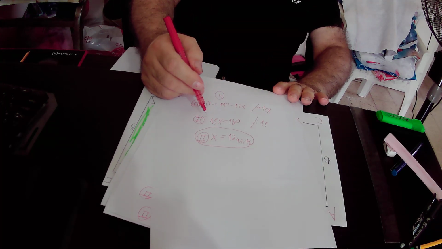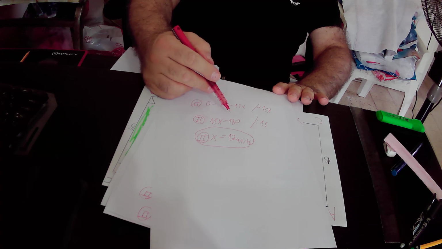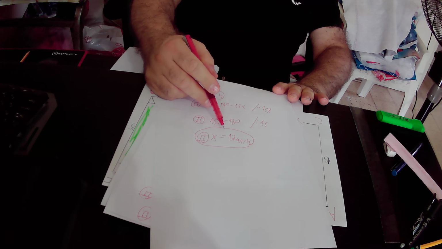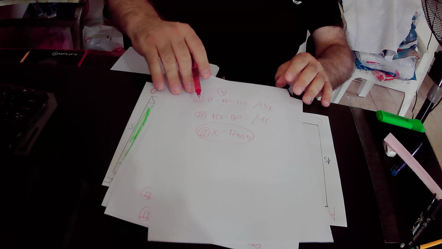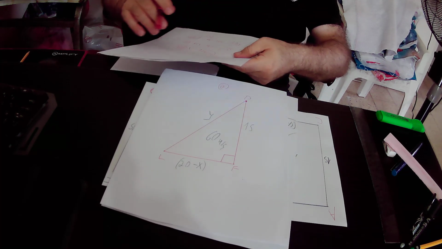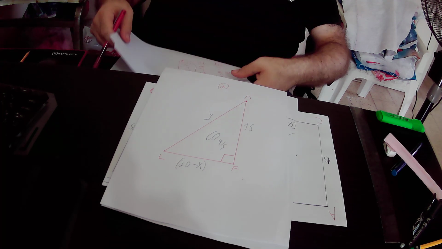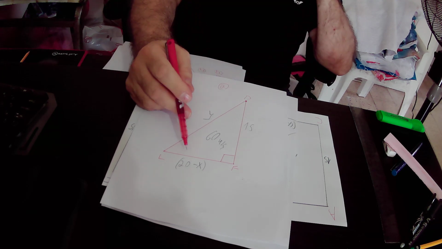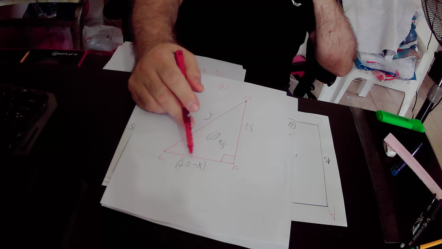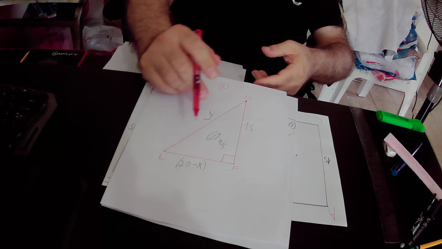We got that x equals 12 units, because 180 over 15 equals 12 units. So if x equals 12 units, 20 minus x is 20 minus 12, which equals 8 units.